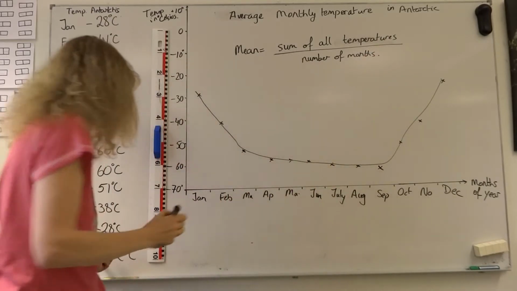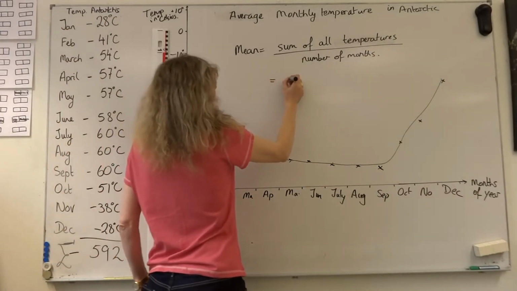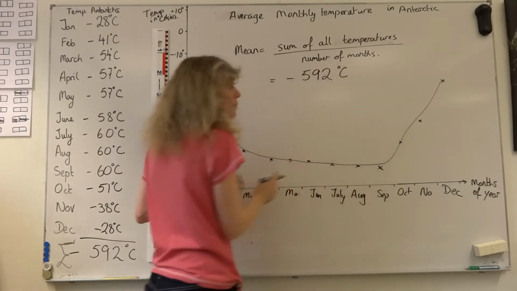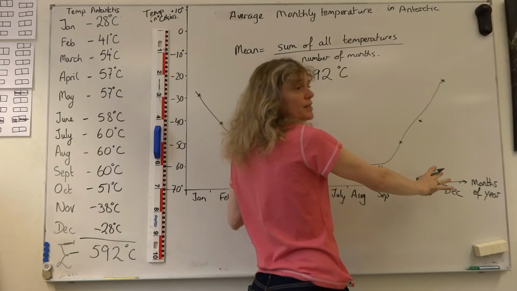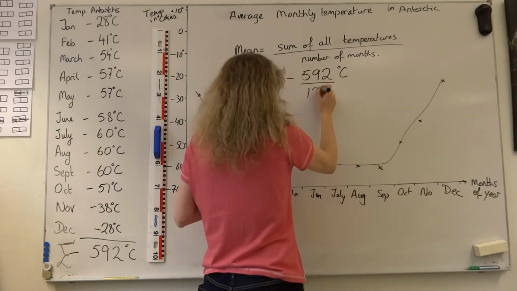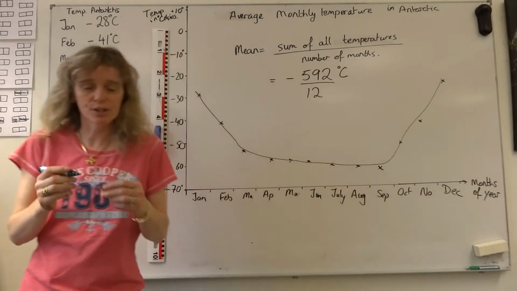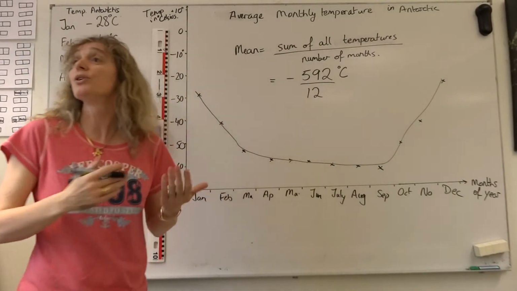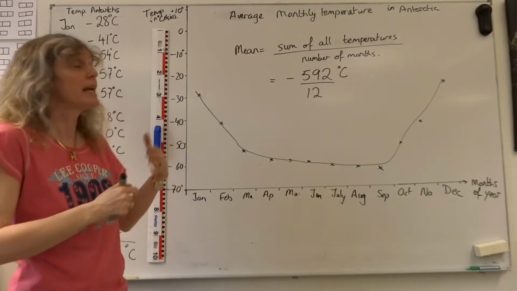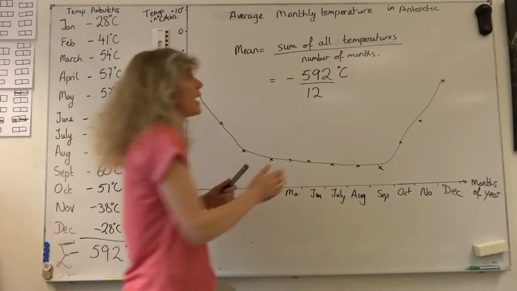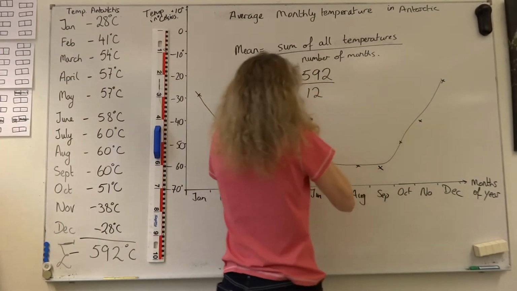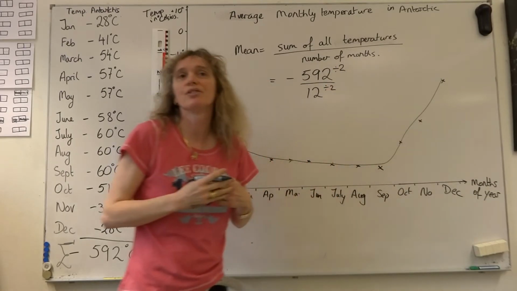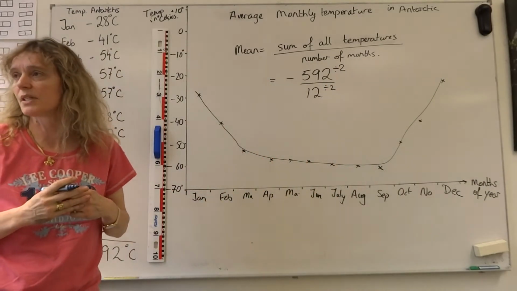So we've added up our total and we got minus 592 degrees centigrade, and we measured it over 12 months of the year. Now, I know that Swedish children don't usually know their times tables up to 12, but we do know them up to 6. So let's make it a little bit easier for ourselves, and let's divide top and bottom here by 2, because then we only have to be worried about our 6 times table.